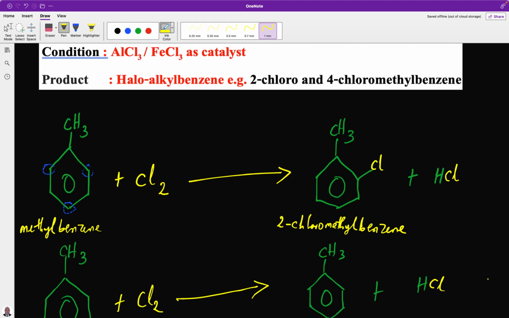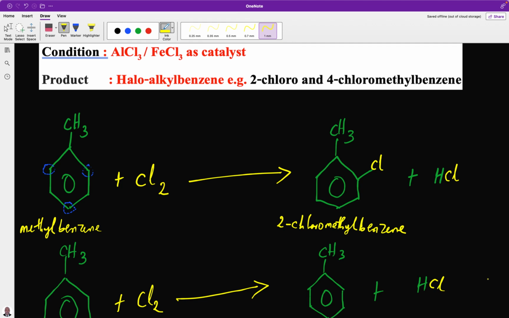Methyl benzene has a methyl group, which is an alkyl group, and an alkyl group is electron donating. It increases the electron density at the second, the fourth, and the sixth position.